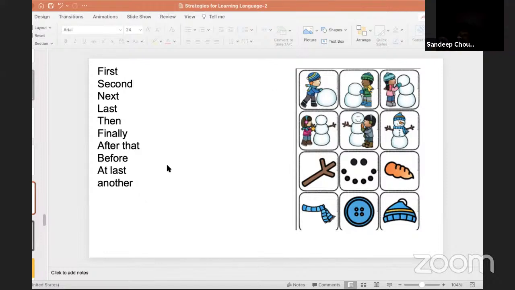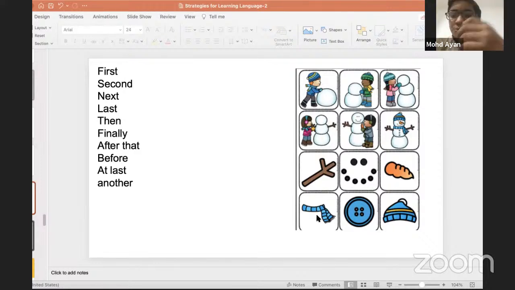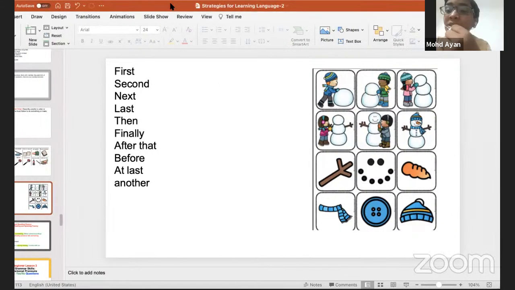Ma'am, what is there in the 4th row? In the 4th row, beneath it. Last row, the button. This one, you can use like a button. Ma'am, this is a button.